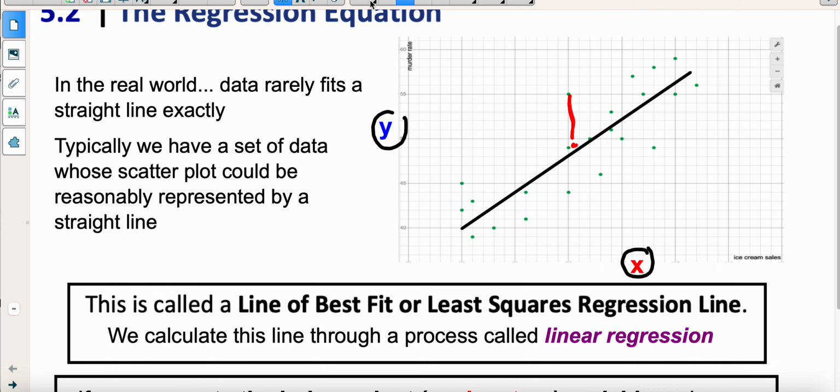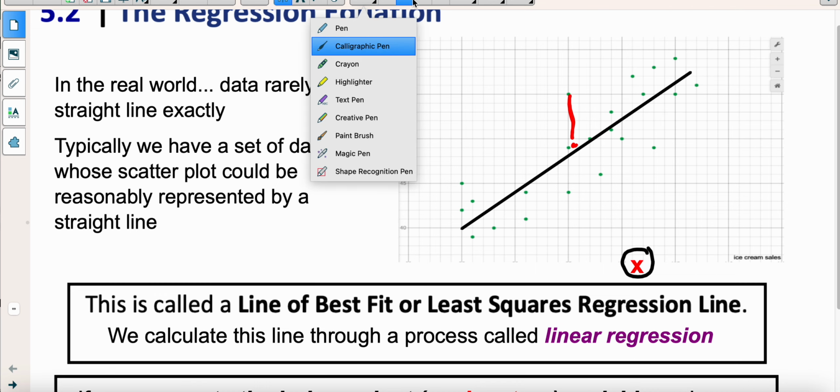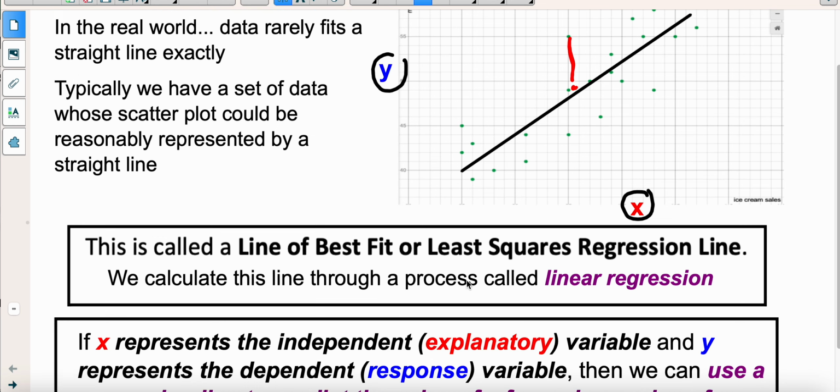And that's what we have when we have a regression line, or when we call it a line of best fit. All I did was I plotted my data and I came up with an equation for a line that best fits the individual data I have, and that's called linear regression.